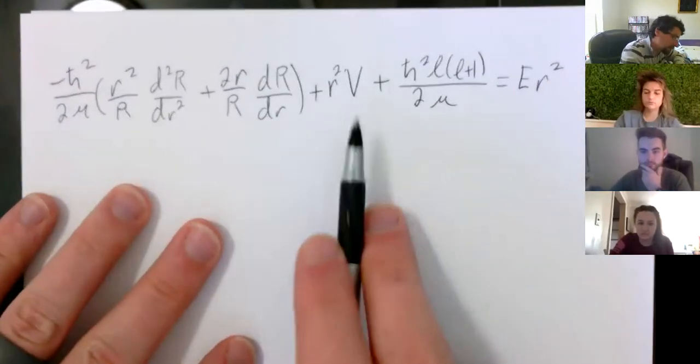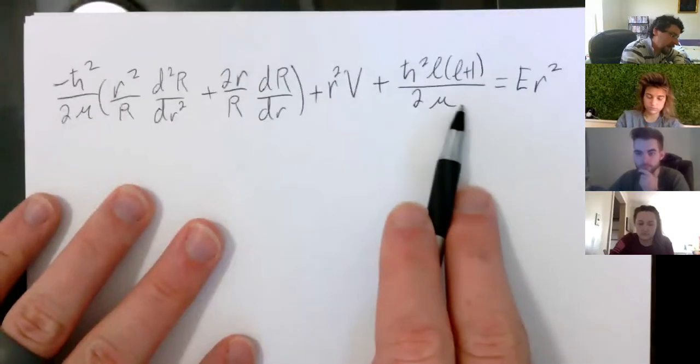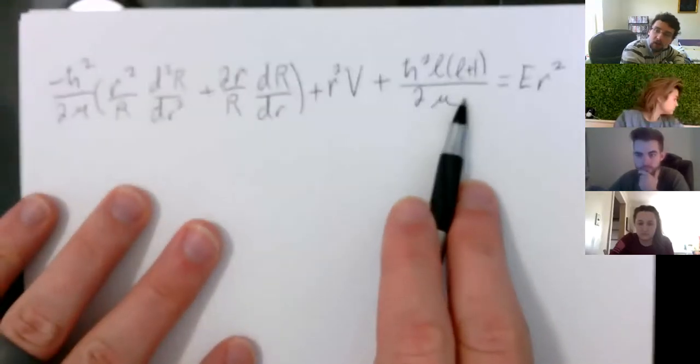Okay. So something I messed up is there actually should be an r squared down here.